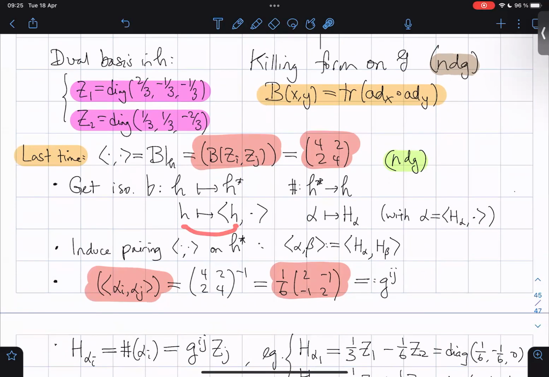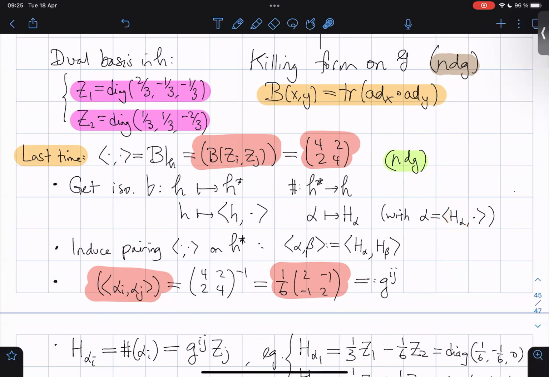And conversely, given any dual vector over here, you could represent it by some vector over here. So any covector can be written as the pairing with some special vector H alpha.